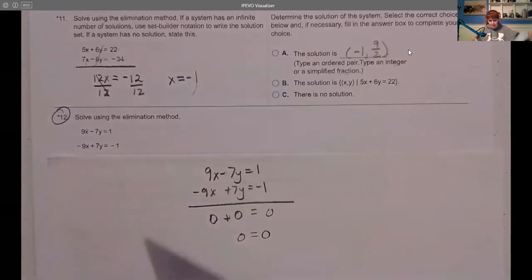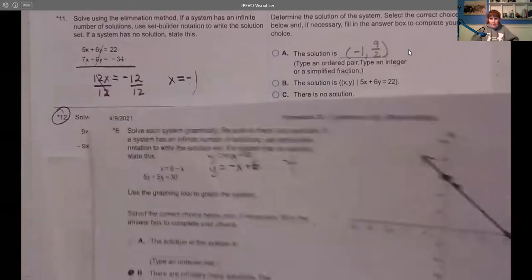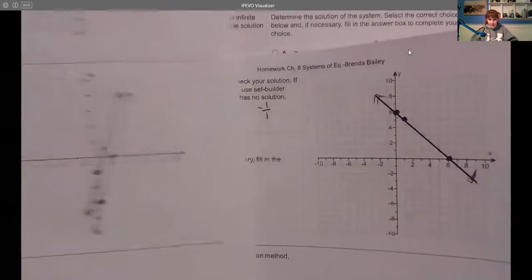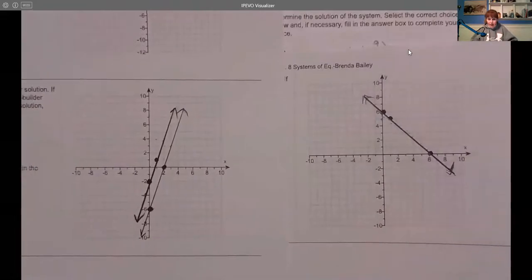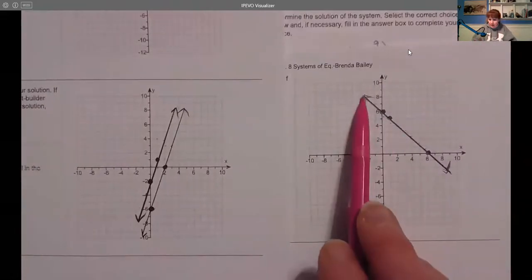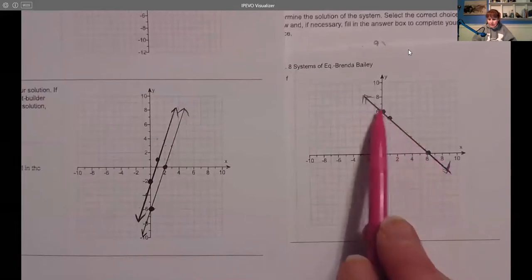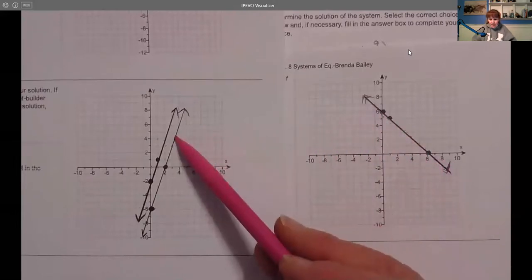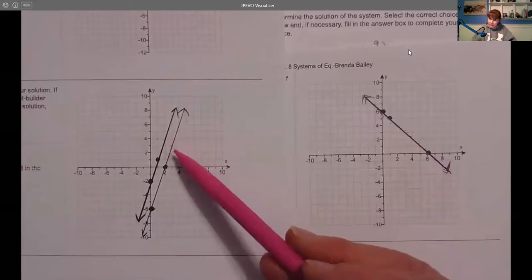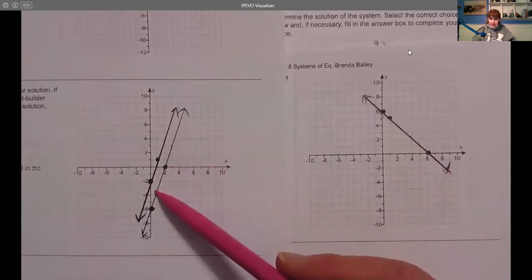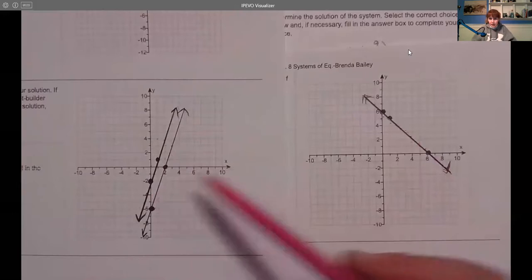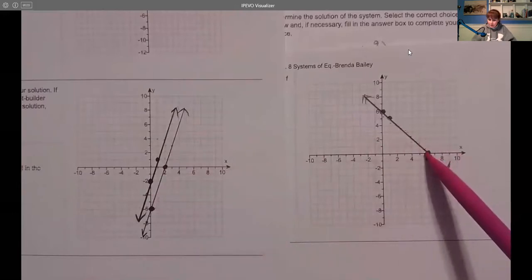Ah, I did. We had 2 special cases. One time, the lines were the same line, and so we had an infinite number of solutions. Here, they were parallel, they were separate, they never intersected. This was no solution, and that was an infinite number of solutions.